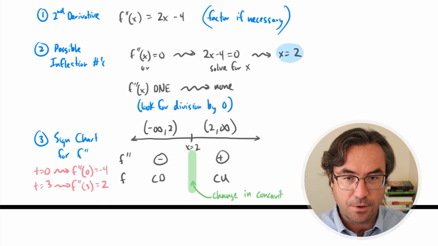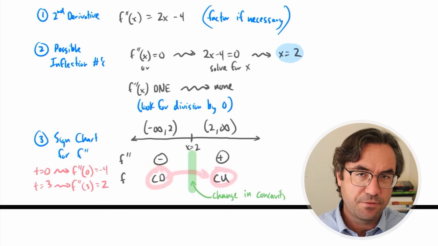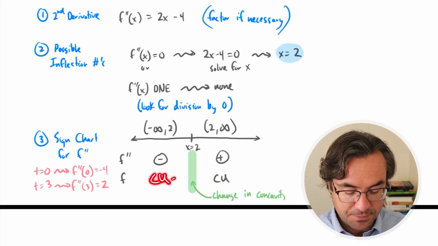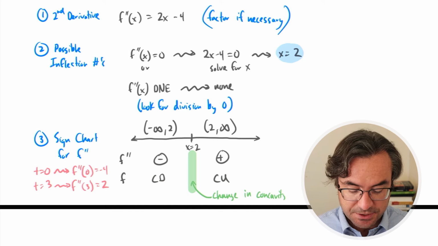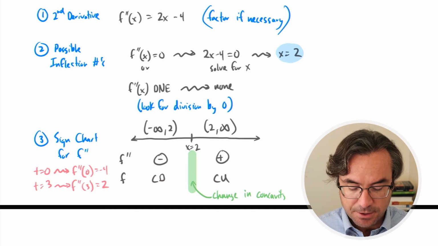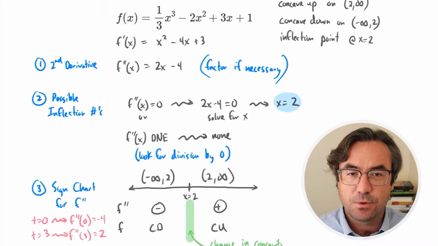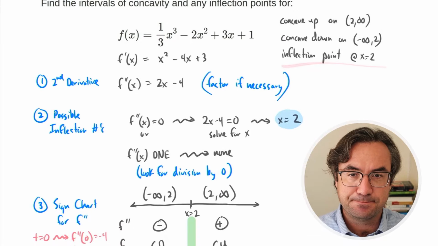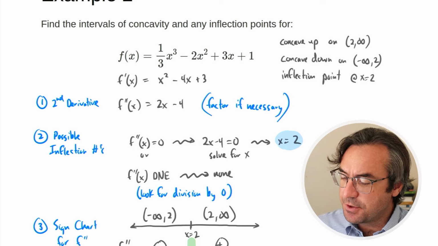That's really what we're looking for. So because we go from concave down to concave up, or if it was the opposite, if we went from concave up to concave down, that would also make that an inflection point. So we just want to see kind of some change in shape. So if we see a change in shape at that x value that we find, well, that's what makes it an inflection point.